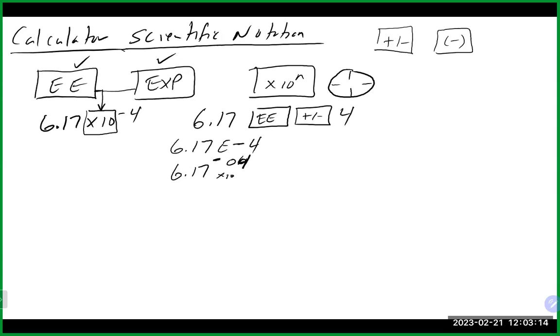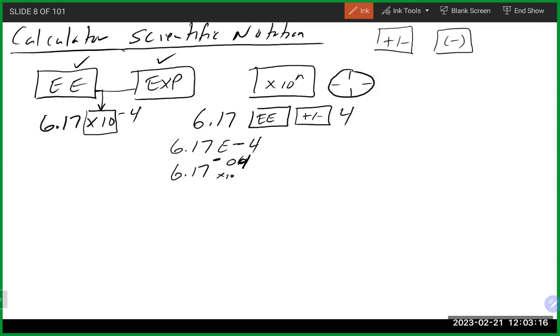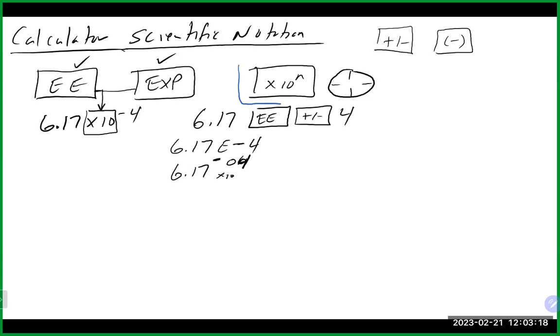Now, if you have this calculator here, or these buttons here, you basically do the same thing, except that the way those calculators are typically programmed, you have to put parentheses around all the numbers. Otherwise, you're going to get the wrong math done. So you would need to open a parentheses, hit 6.17, and then hit your exponent button.